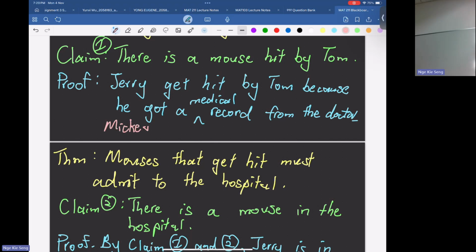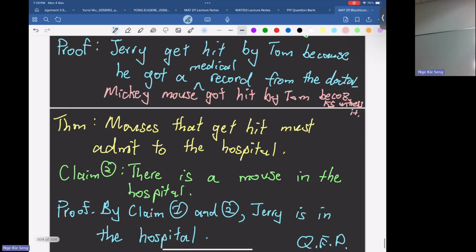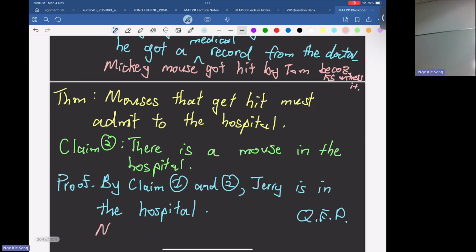Maybe you can also prove that Mickey Mouse got hit by Tom because he witnessed it. Okay, so Mickey Mouse can also be in the hospital.